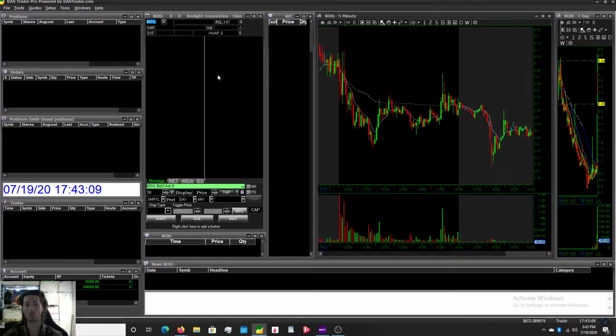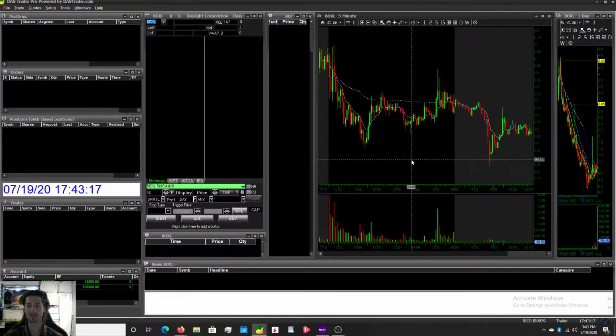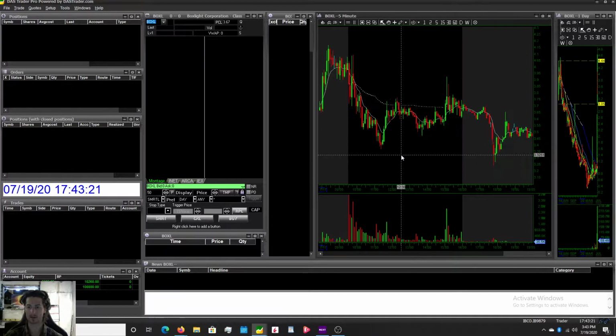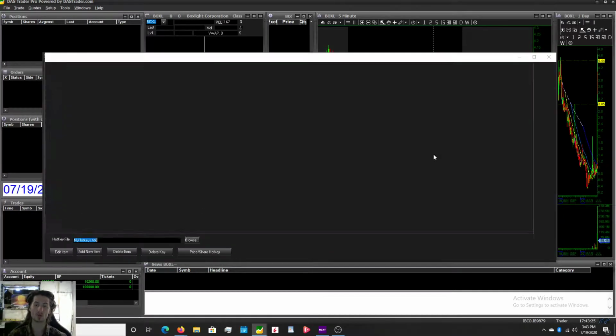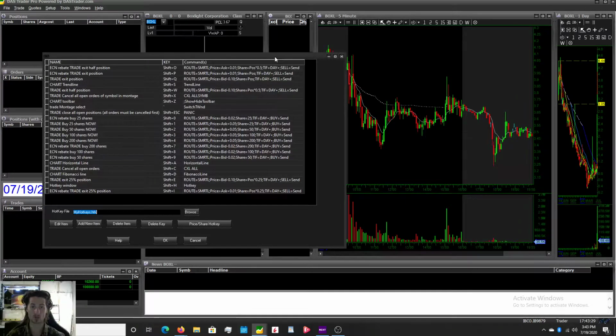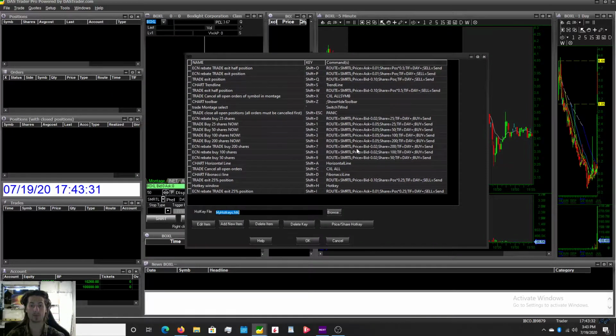Normally when the market's open, this would be your level 2 and time and sales. These are your positions, and it's used to execute trades and orders, not to deposit and withdraw. So obviously when you're executing trades, you want to be quick, especially if you're doing a scalping strategy like the one I implement in my videos.